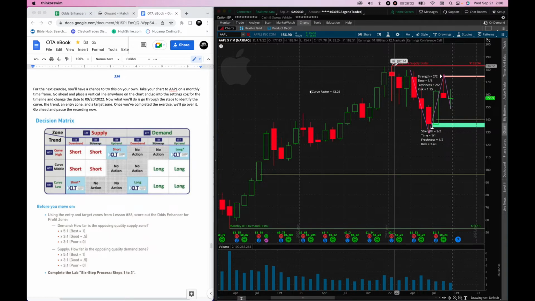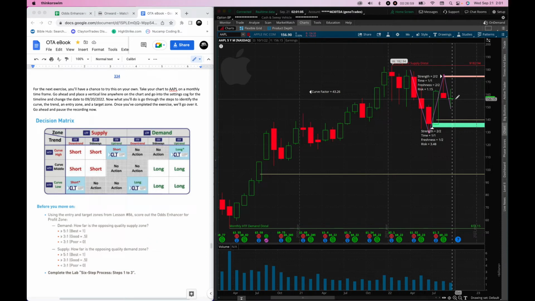Recall that our supply zone formations are going to be a rally-based drop or a drop-based drop. We do not have that here. So in that case, we're going to use the most prominent high. In this case, it's $182.94. So we place our monthly high time frame supply distal line there.